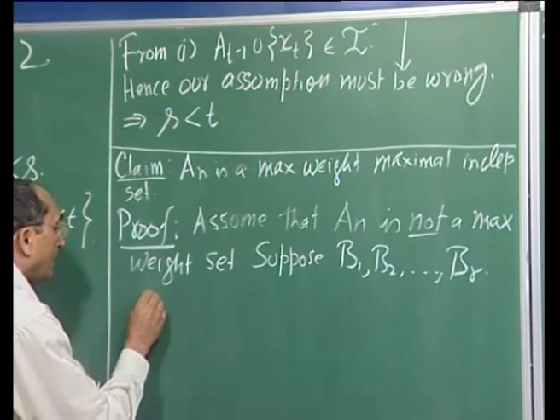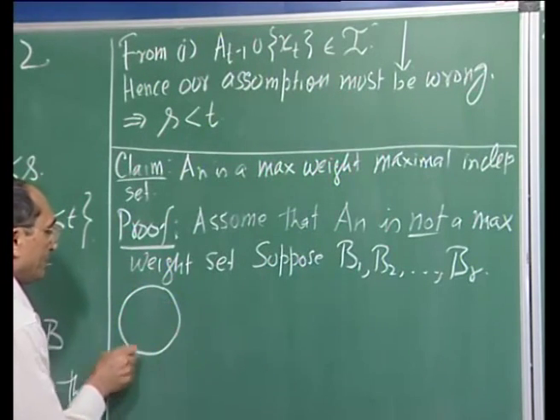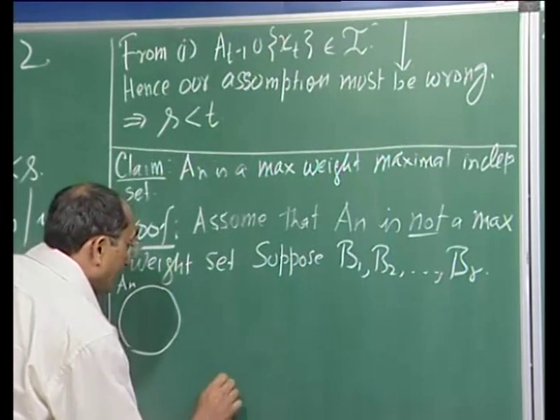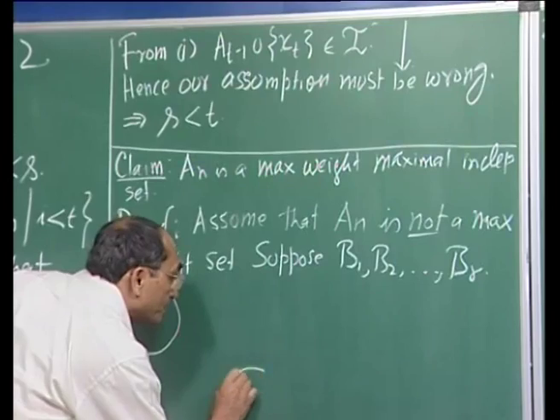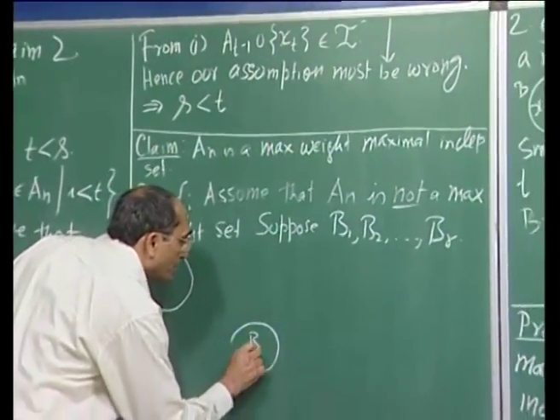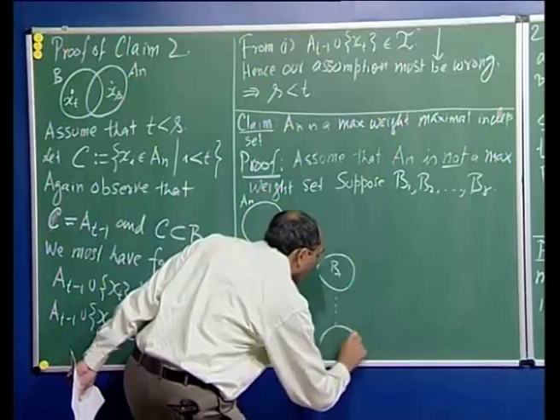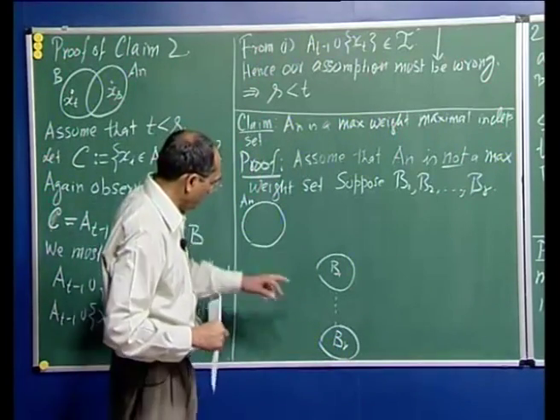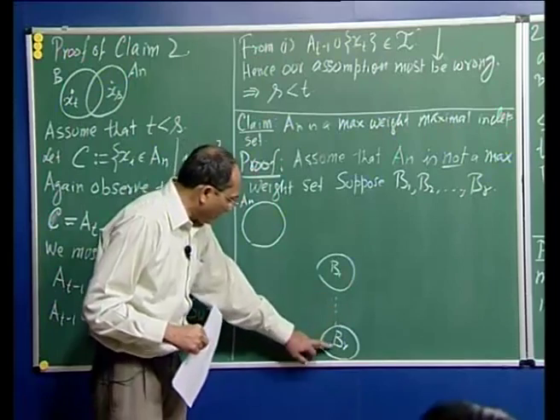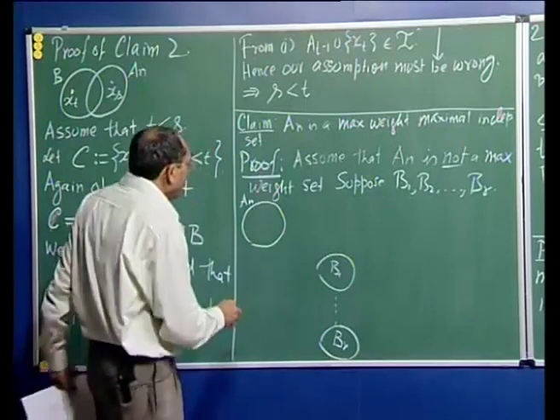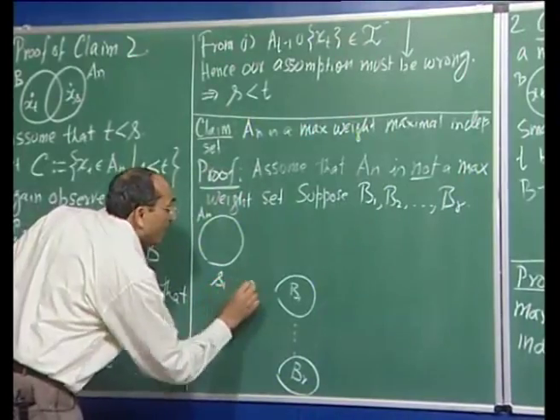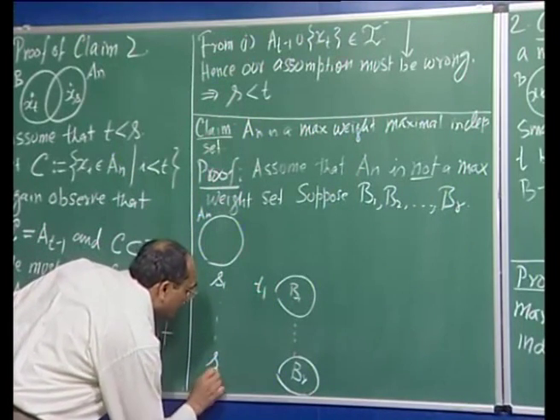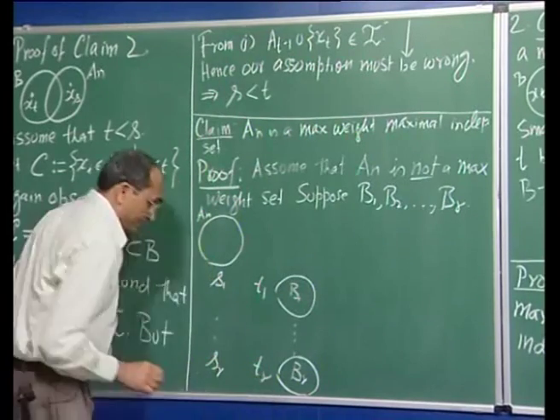So, let us just look at the picture here. We have A n, and then against each of B1 through Br, there is some S1 and some T1 up to Sr and Tr.